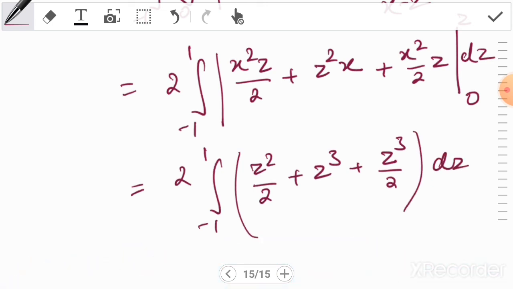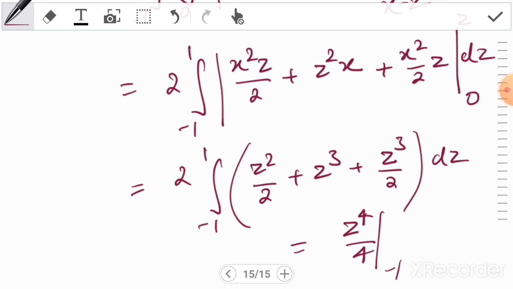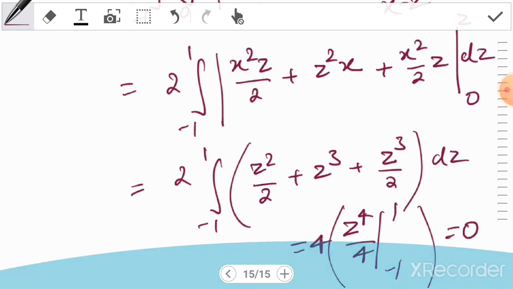Which is equal to 4 times z power 4 by 4 from minus 1 to 1, which is equal to 0. So this way you can calculate multiple integrals.